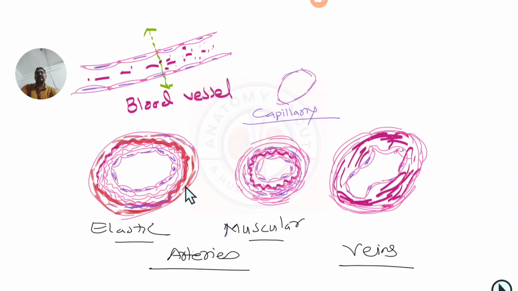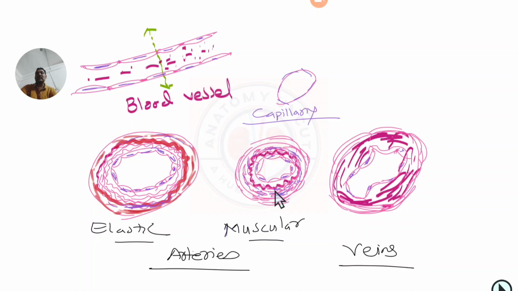Externa is also known as the adventitia because of the larger number of fibers which are there. So adventitia is something fibrous in nature. The surface layer is the adventitia or the external layer. The middle layer is the tunica media.